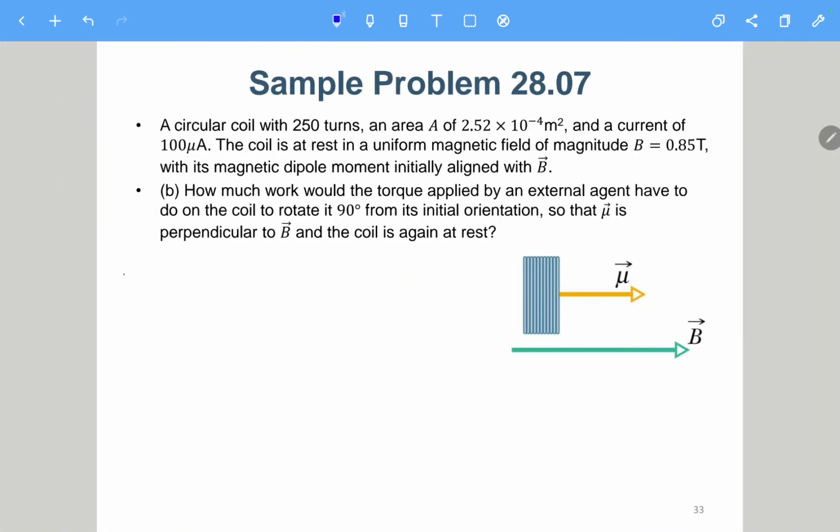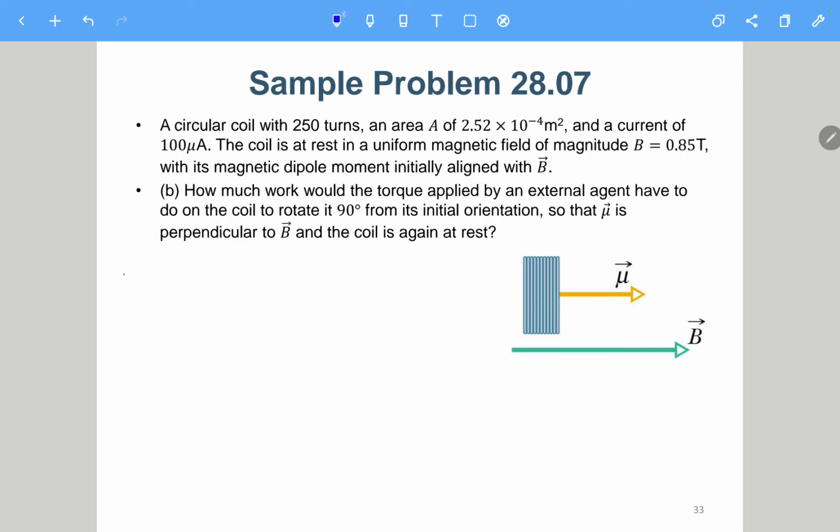Okay, part b. How much work would the torque applied by an external agent have to do on the coil to rotate it 90 degrees from its initial orientation, so that mu is perpendicular to B and the coil is again at rest? Here it assumes the coil is at rest at the beginning and at the end, which means there is no angular kinetic energy, so there is only potential energy.